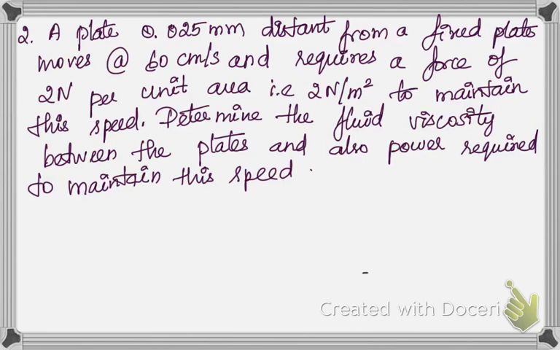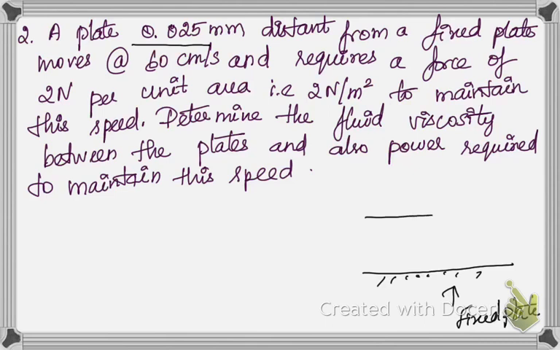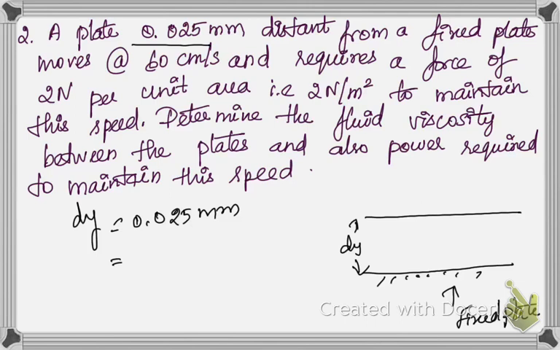It means what? There is a fixed plate. So we can imagine that this is going to be the fixed plate, and it is given that another plate is there which is 0.025 mm distant. So we are drawing another plate, and the distance, that is dy, will be 0.025 mm. So earlier I have mentioned, when it is given in mm we have to convert it into meter, which is 0.025 into 10 power minus 3 meter.